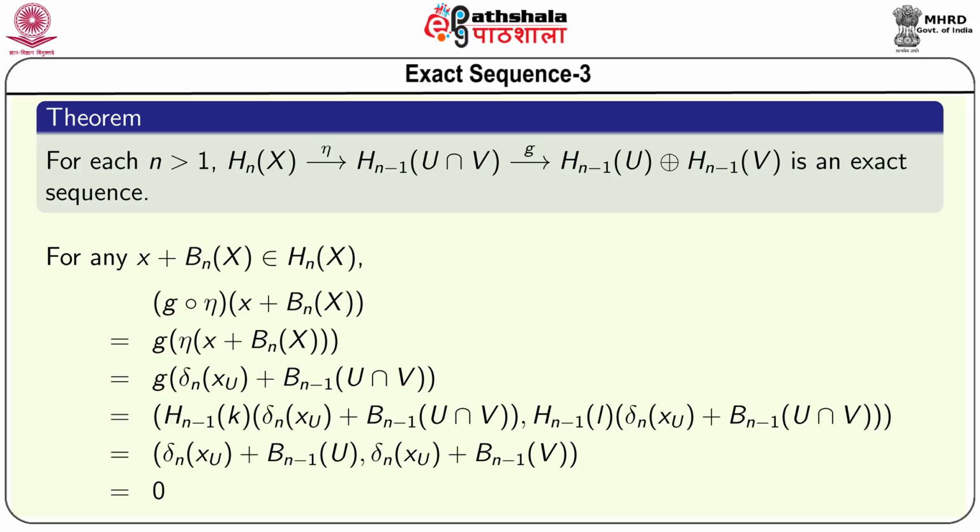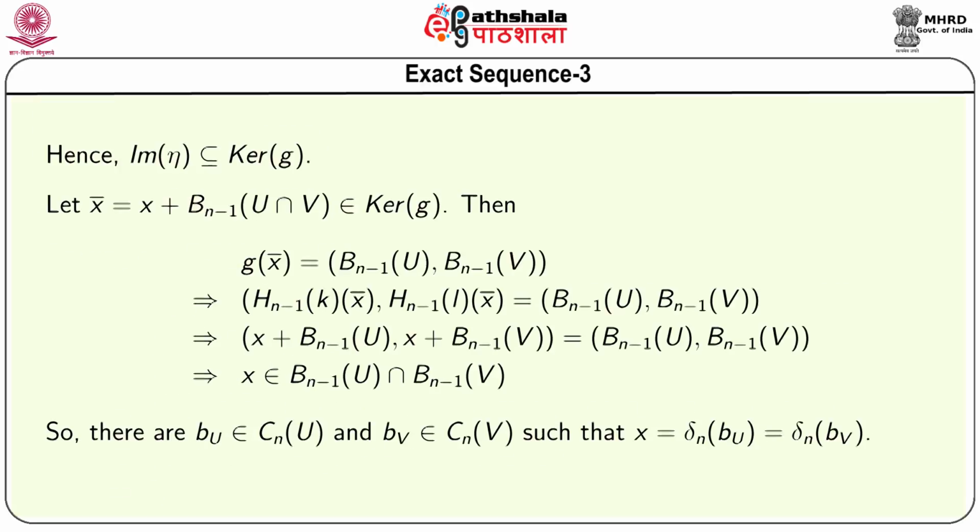And simply by applying the functions, we ultimately get that G∘η on x + B_n(X) is equal to the 0 element, that is, the image of η is contained in the kernel of G.